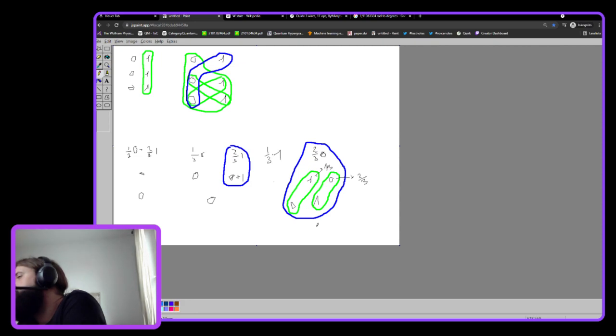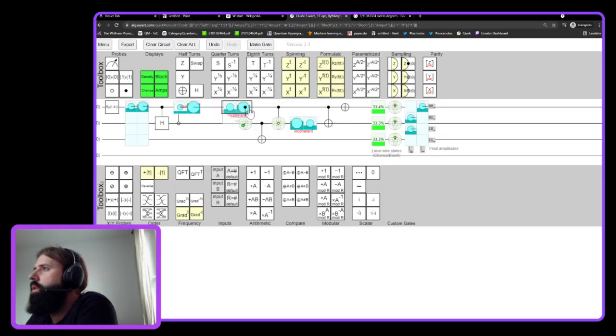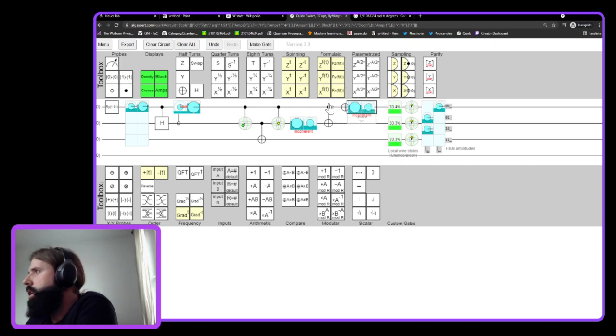Hmm. So wait, so the amplitude stays. That is something weird, actually, because here it does change, right?